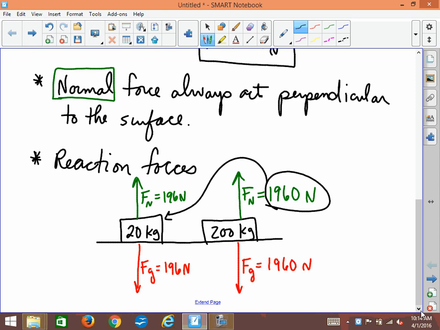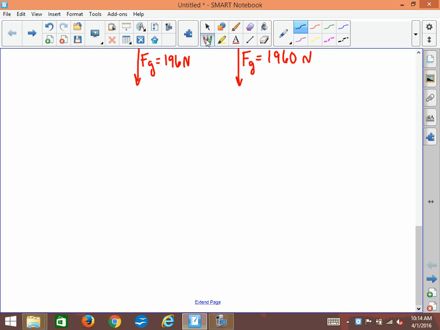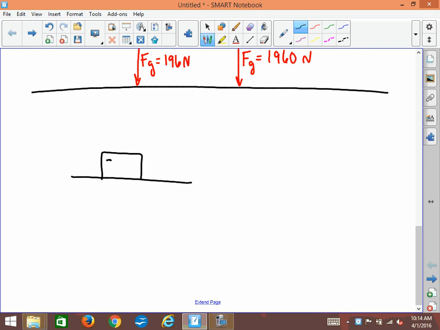Okay, let's look at another example of normal force and how we would figure it out. Let's take our box, which is 20 kilograms, the very same one, but let's add another force into the picture. Let's add somebody pulling on this sideways with a force of 40 newtons, which was not the case before.